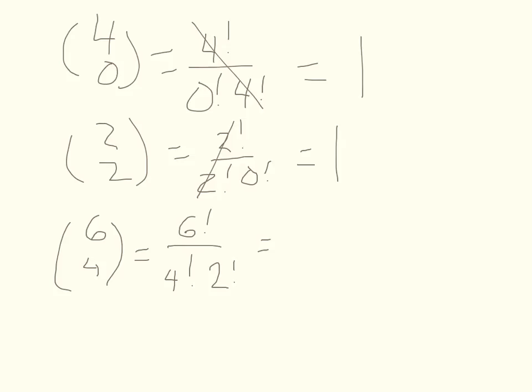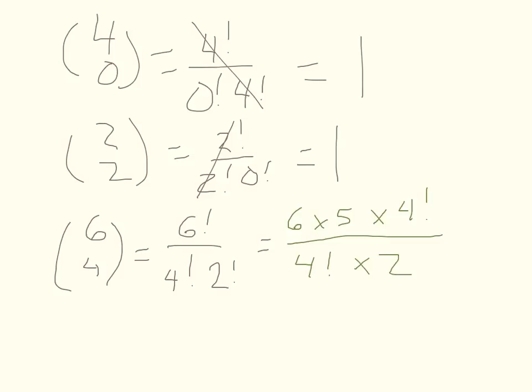So for 6 factorial, we have 6 times 5 times 4 times 3 times 2 times 1. Well, 4 times 3 times 2 times 1 is the same as 4 factorial. That's the numerator. The denominator has 4 factorial, and 2 factorial is 2 times 1, which is 2.